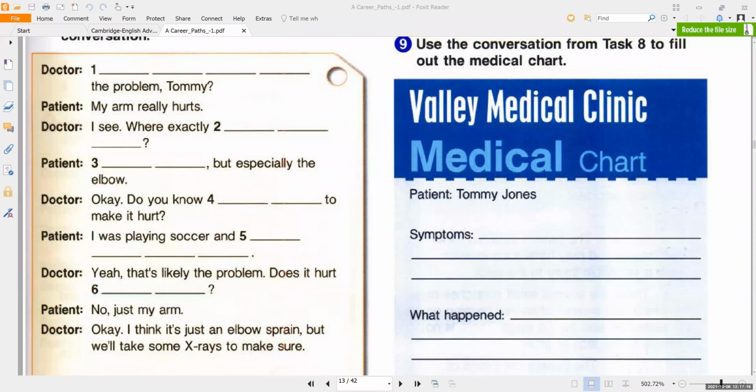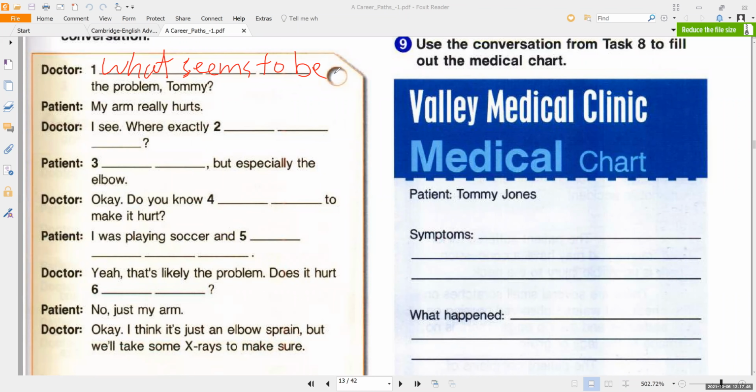Exercises 6 and 7, page 11. What seems to be the problem, Tommy? Number 1, the doctor is speaking to Tommy. What seems to be the problem, Tommy?